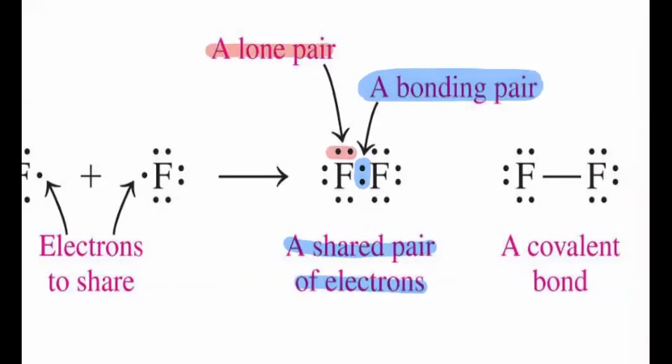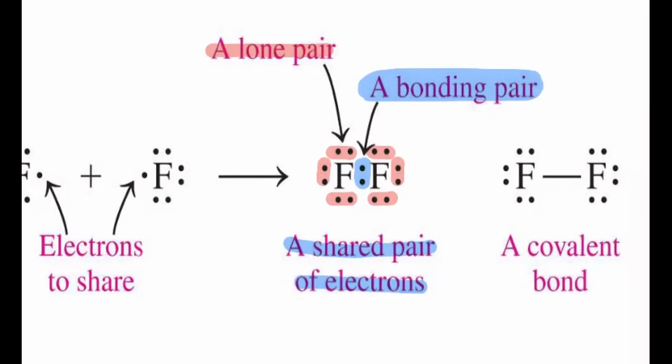And as you can see, each fluorine has 3 lone pairs. Think of lone pairs or pairs of electrons as shoes. Like when you buy a pair of shoes, you buy 2 shoes, okay? A pair of gloves, you buy 2 gloves, okay? So it's always 2, okay?